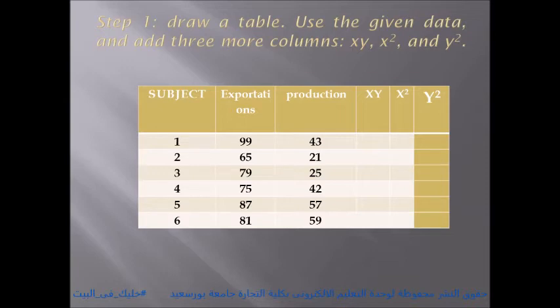Subject from 1 to 6, exportation, which represents y values, production represents x variables. Add another column for x multiplied by y, and another column for x squared and y squared.